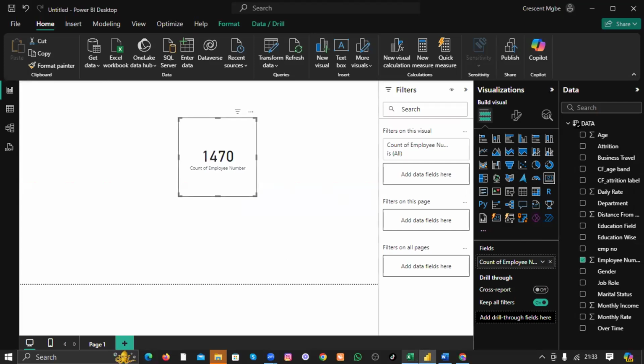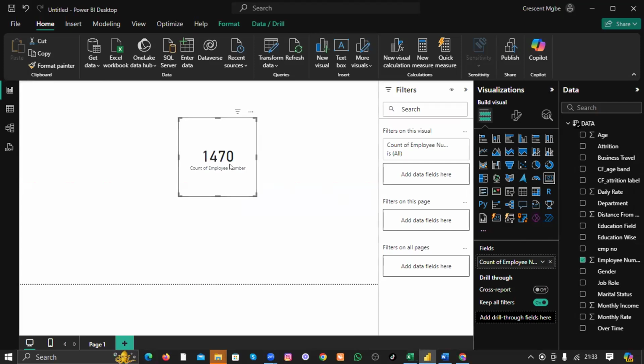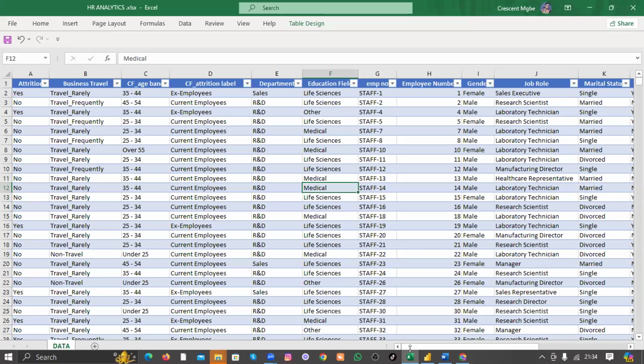Remember when we did the count in Excel, it gave us the same value, right? So we have 1,470 employees. But out of this total number of employees, we have some that have left. Remember, we have some ex-employees.